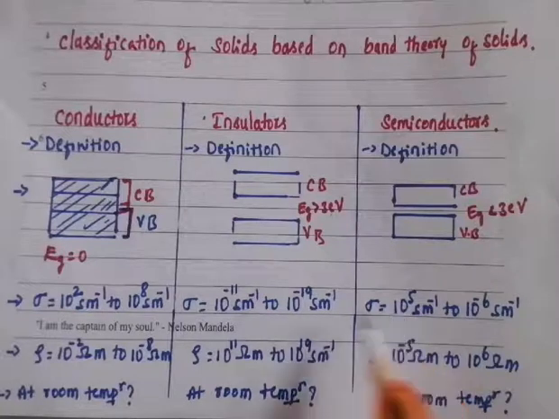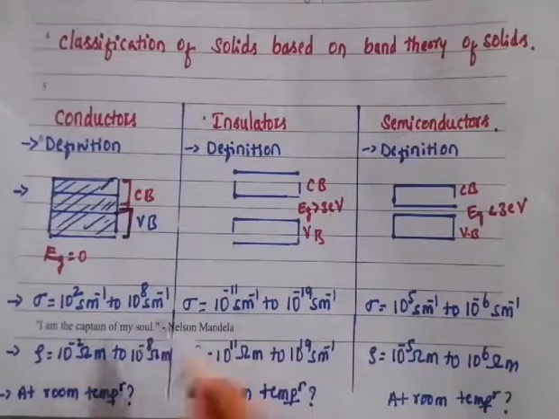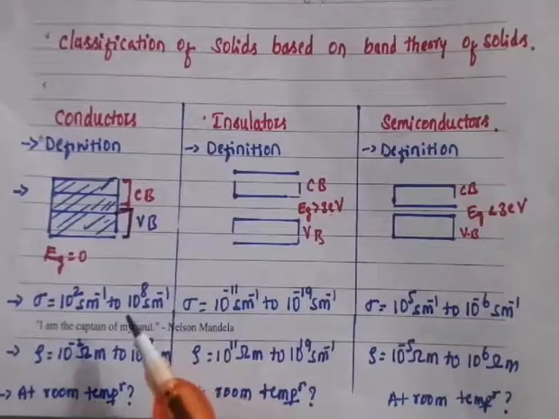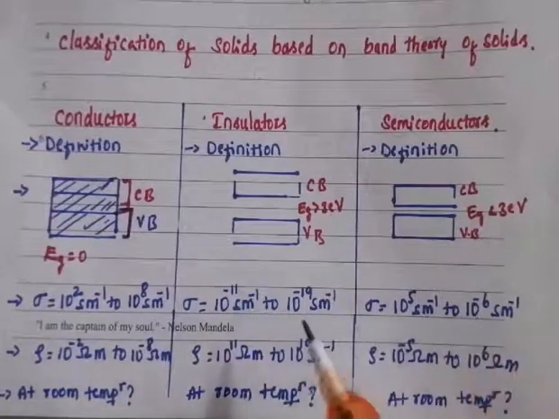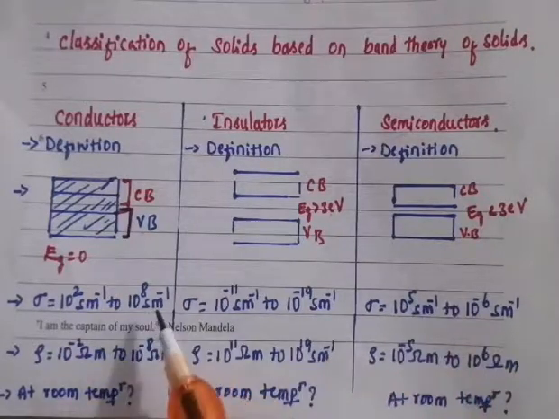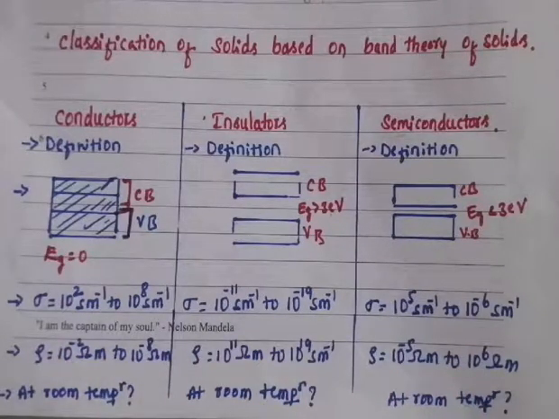Semiconductors having conductivity in between conductors and insulators, that is 10 power 5 Siemens per meter to 10 power minus 6 Siemens per meter, which lies between conductors and insulators.